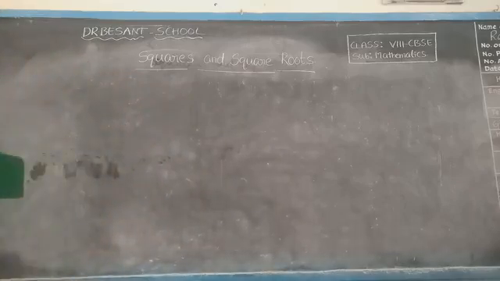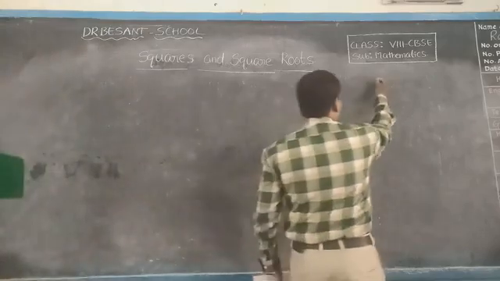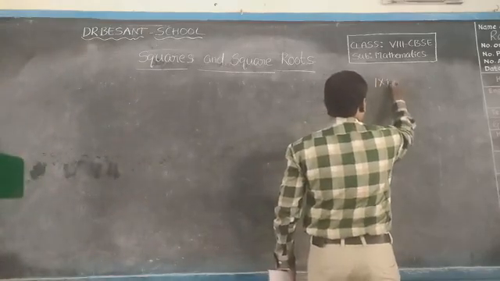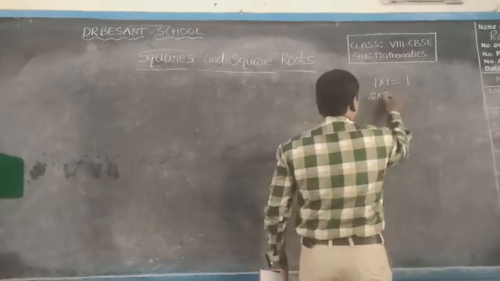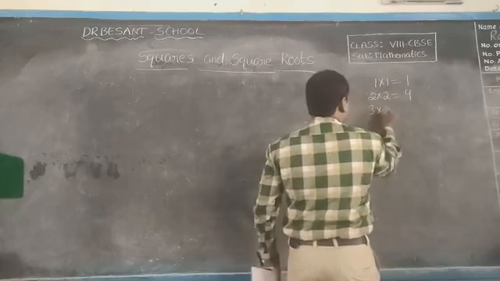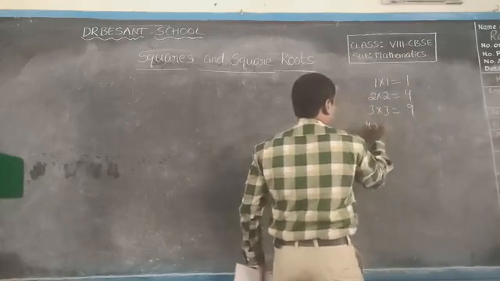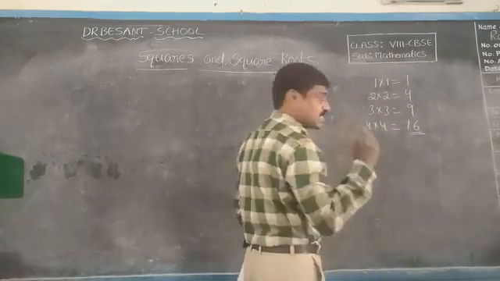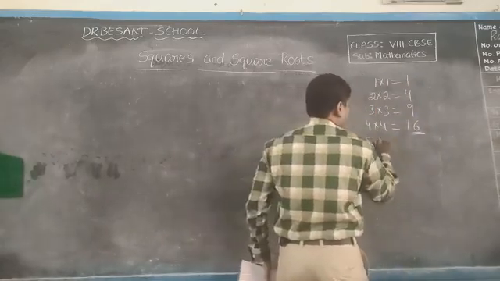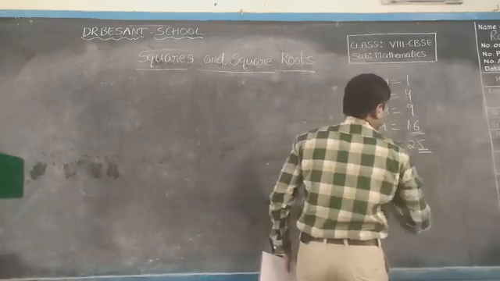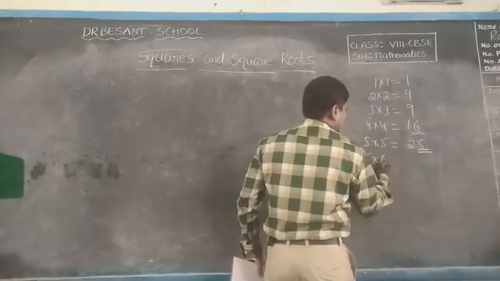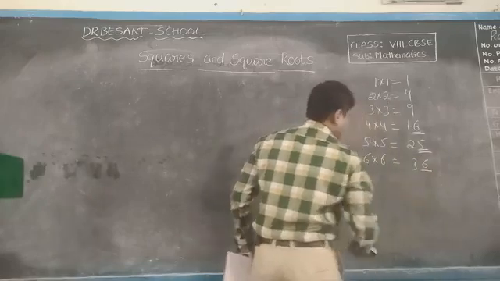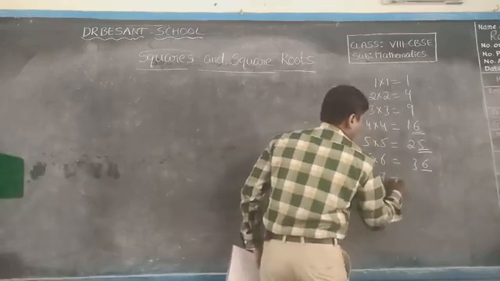Okay. So first of all, observe: 1 into 1 is 1, 2 into 2 is 4, 3 into 3 is 9, 4 into 4 is 16. What is the digit in units place? 6. 5 into 5 is 25. What is the digit in units place? 5. 6 sixes are 36, 7 sevens are 49.